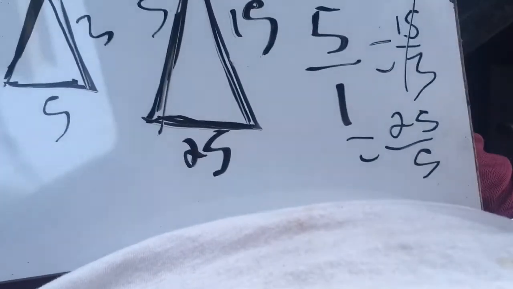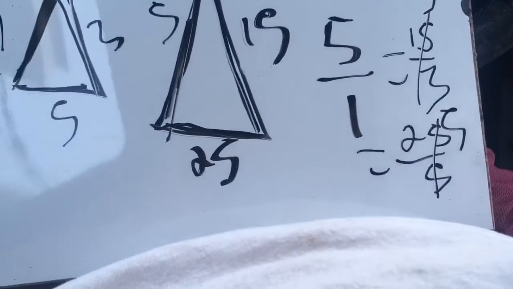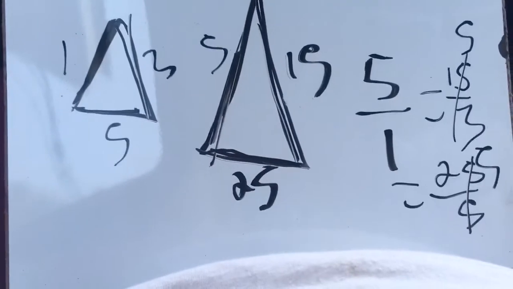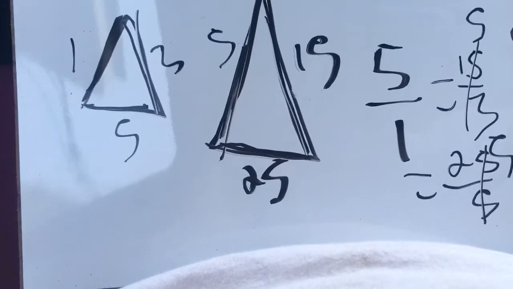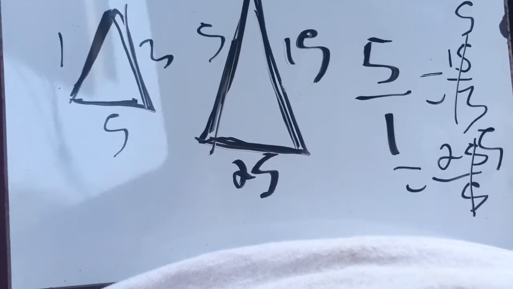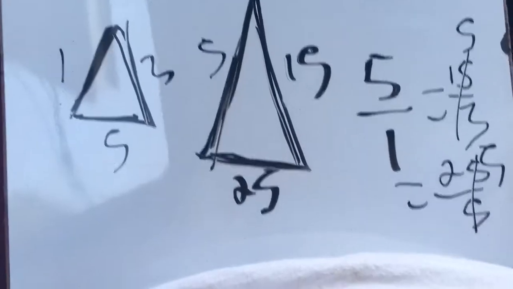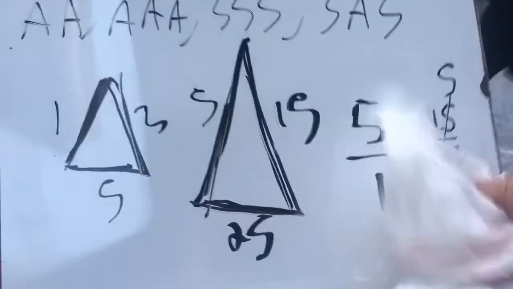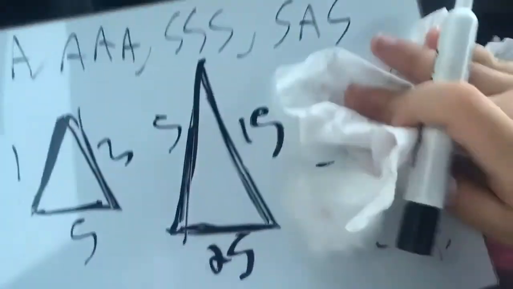And this just goes to 5, and this just goes to 5. So you can't really prove that. You have to assume it. I encourage you to get a protractor and a ruler to prove it. And you can solve many problems with knowing these similarity postulates. That's the side, side, side postulate.